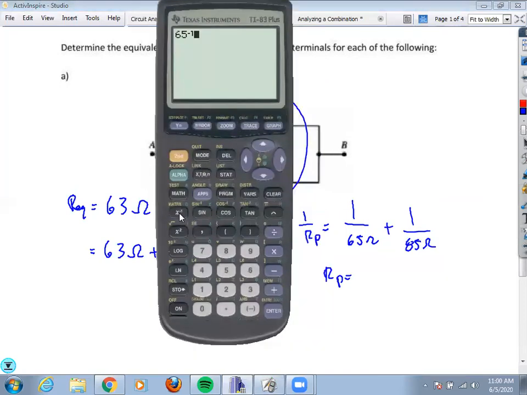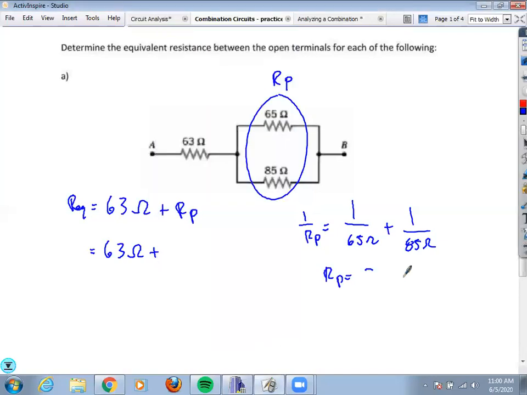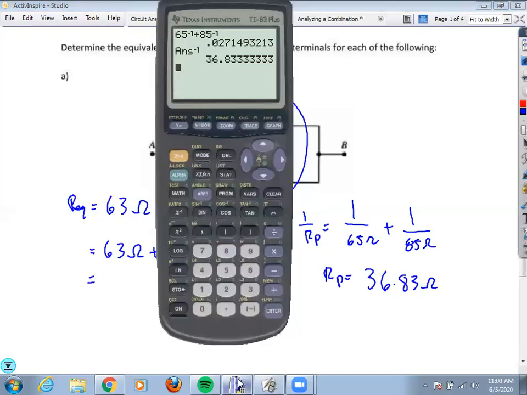So 1 over 65 plus 1 over 85 gives us 36.83. Add that here, so 63 ohms plus 36.83 ohms, and our answer would be 99.8 ohms.